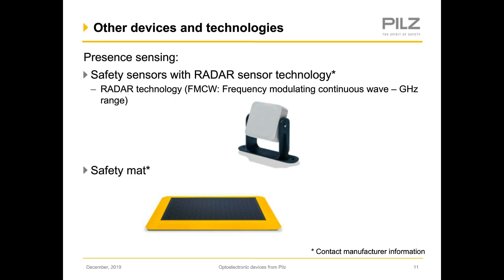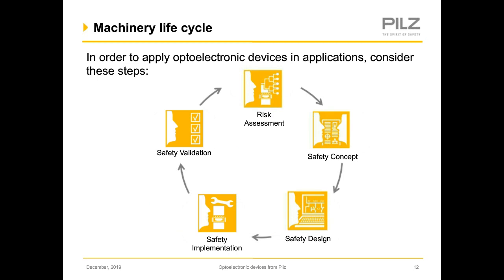But nevertheless, these devices need to be considered when you're in a specific phase of your machinery life cycle. So it starts on the top, as you can see on that slide, with the risk assessment. A risk assessment derives a concept.